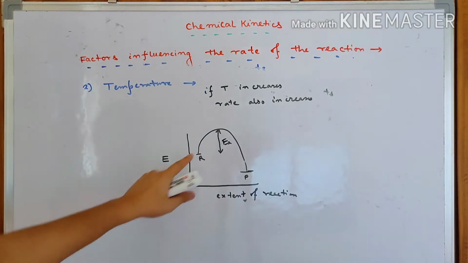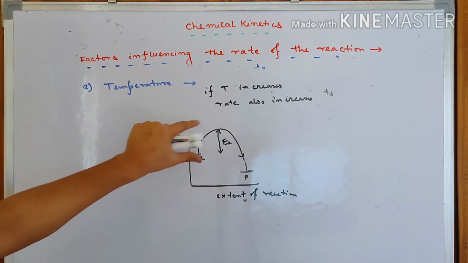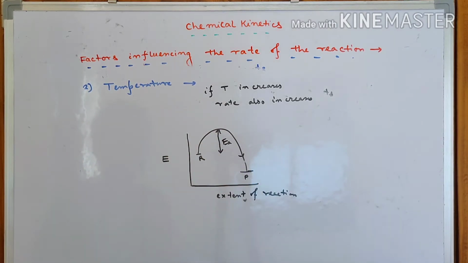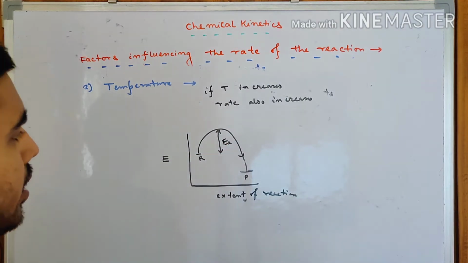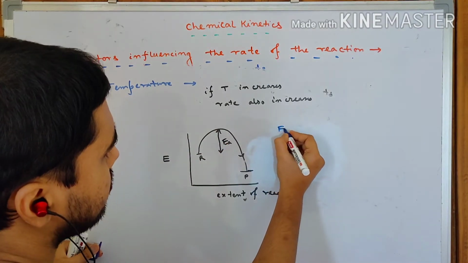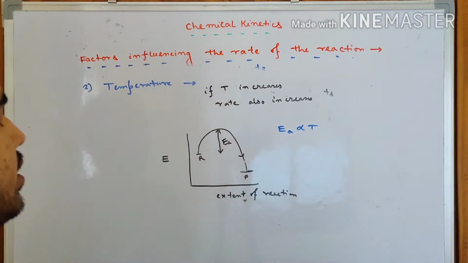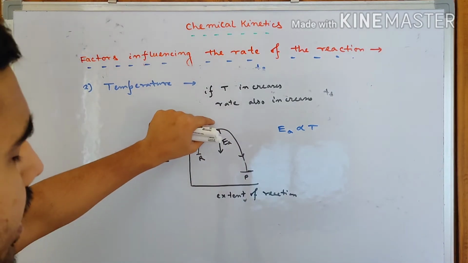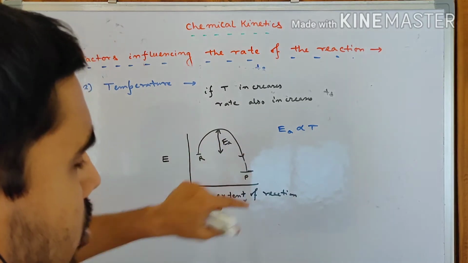For every reactant, if it needs to go to the product, it has to go through this line. So you have to give this much of extra energy in order for a reactant to give rise to product. This E act is proportional to temperature. So if you increase the temperature, obviously it will gain the required amount of activation energy and can go to the product very easily.